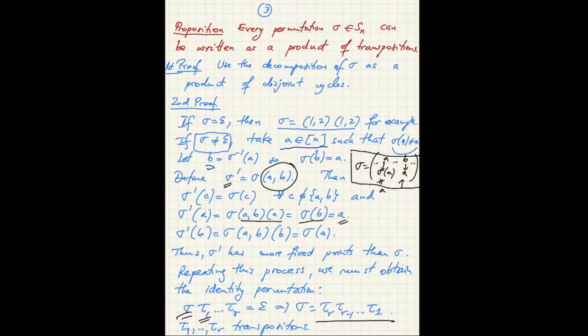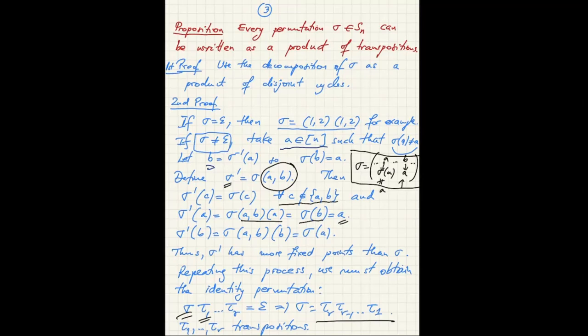So we just switch these two places corresponding to A and B. Formally, this means that we can define this permutation sigma prime, which is sigma multiplied by the transposition AB. And now what does it do? Well, the permutation sigma prime does the same thing as sigma to any element C which is outside A and B. Okay, that's pretty clear.